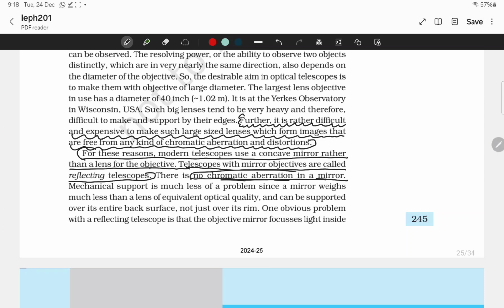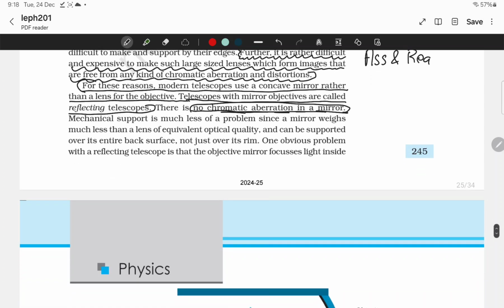So no chromatic aberration. If they need, they can ask you an assertion and reason question. Okay. So no chromatic aberration in a mirror. Mechanical support is much less of a problem for a mirror, which weighs much less than a lens of equivalent size.